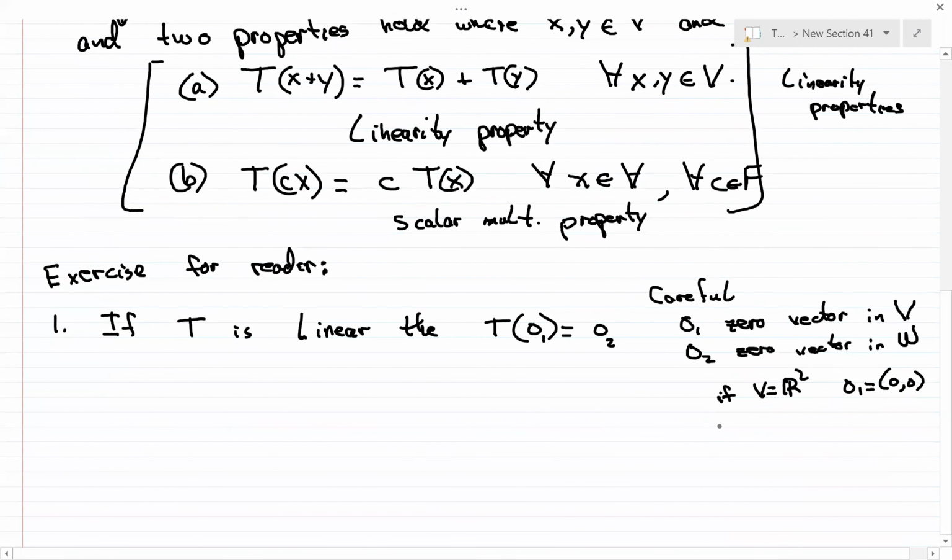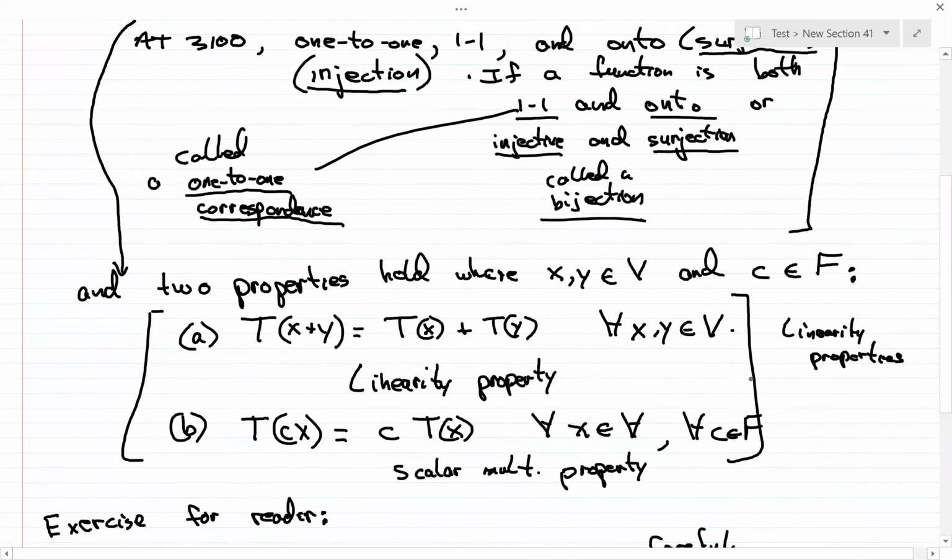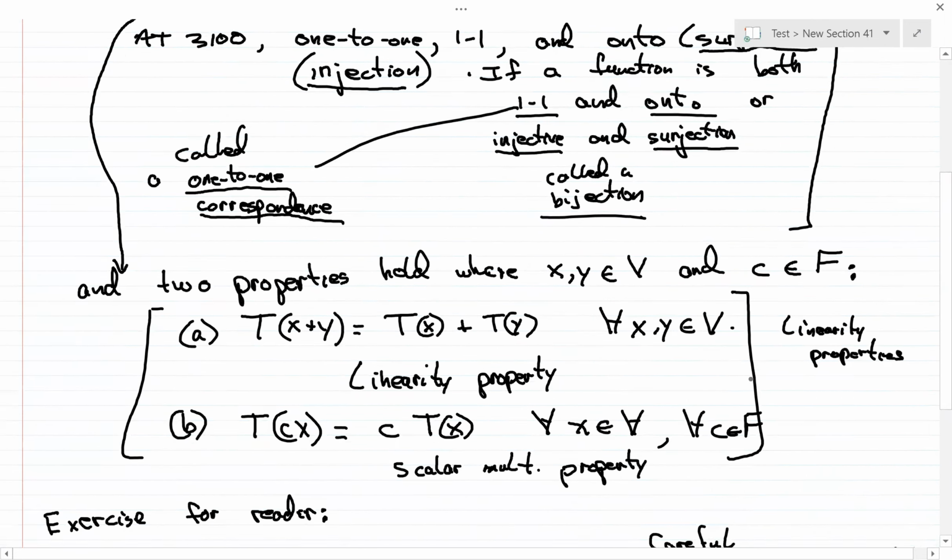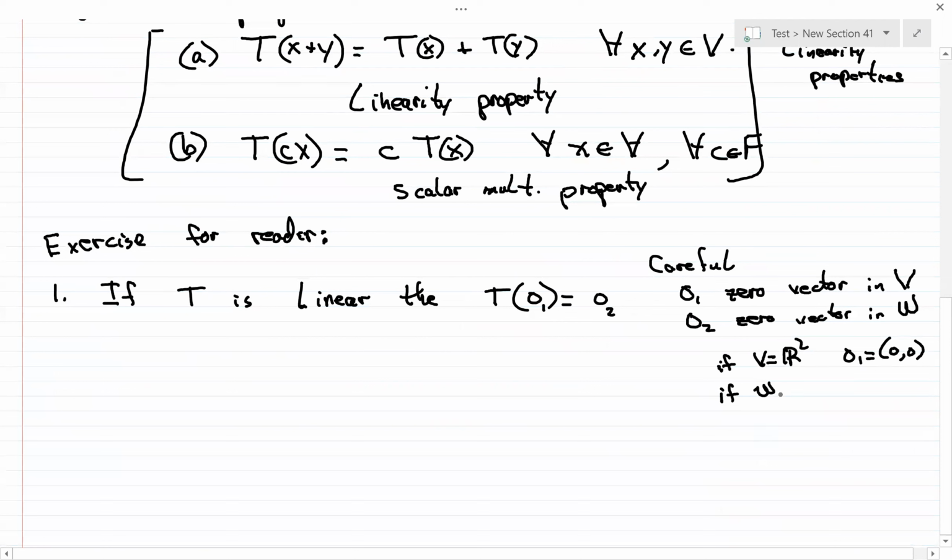And if W were R3, then 0_2 would be (0, 0, 0). So what we're saying is that the function takes the 0 vector in V and assigns to it the 0 vector in W.